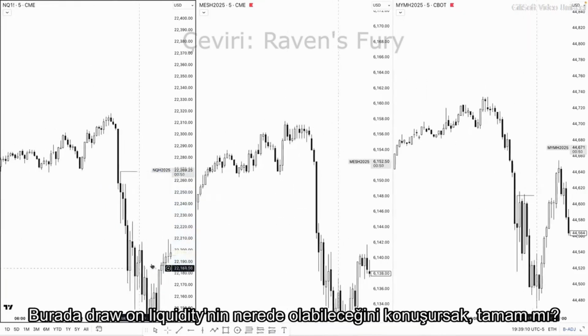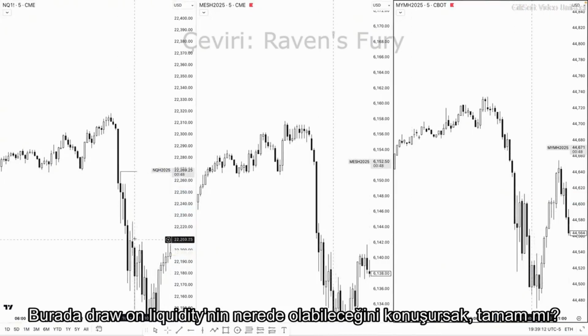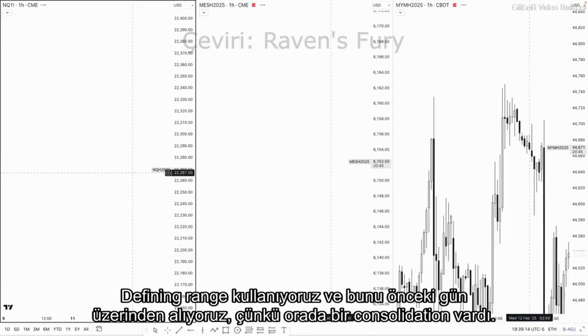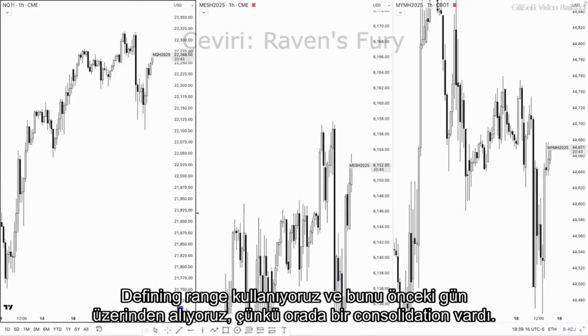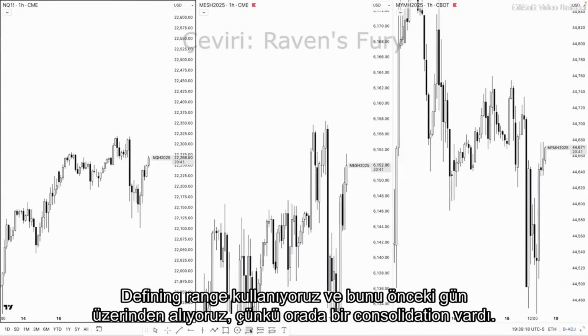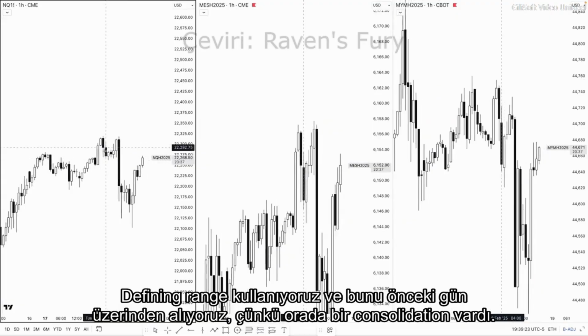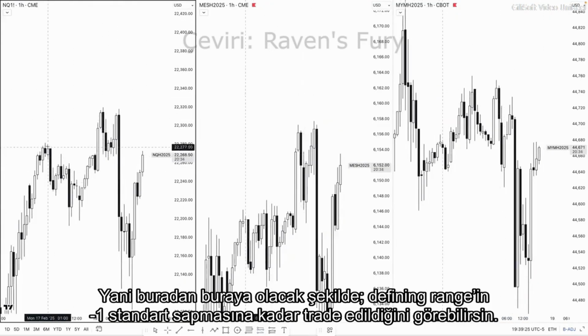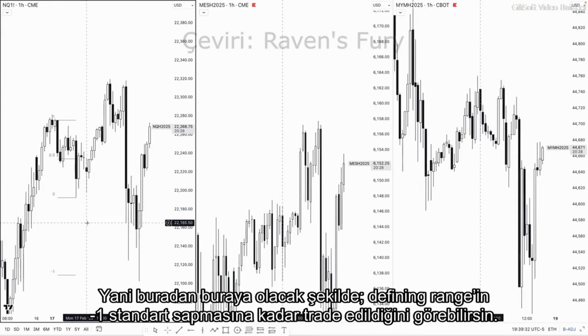In terms of where you could have had your draw on liquidity, okay, if we use the defining range on the previous day, as we had a consolidation, so it'd be from here to here.